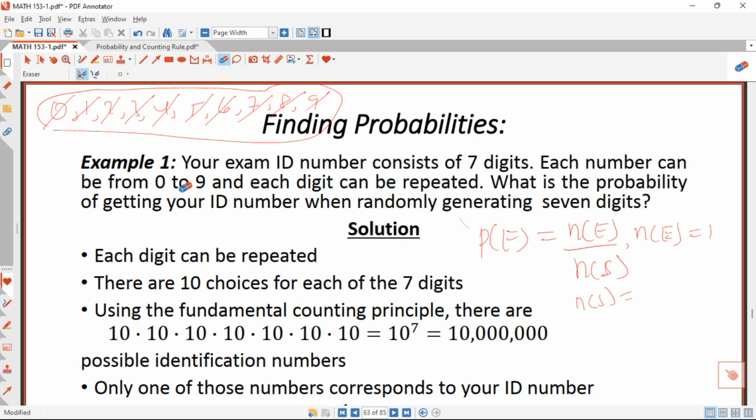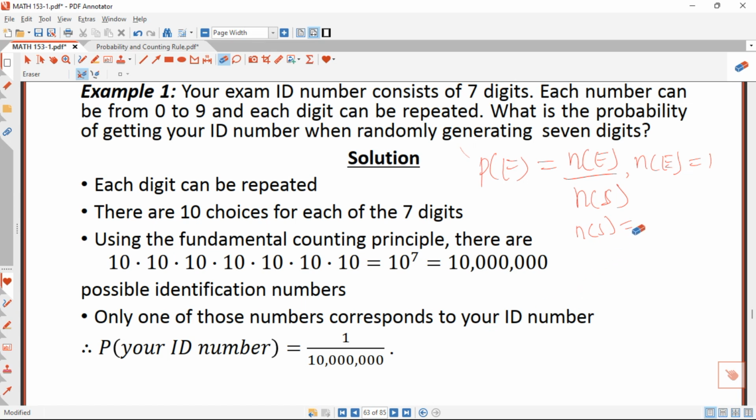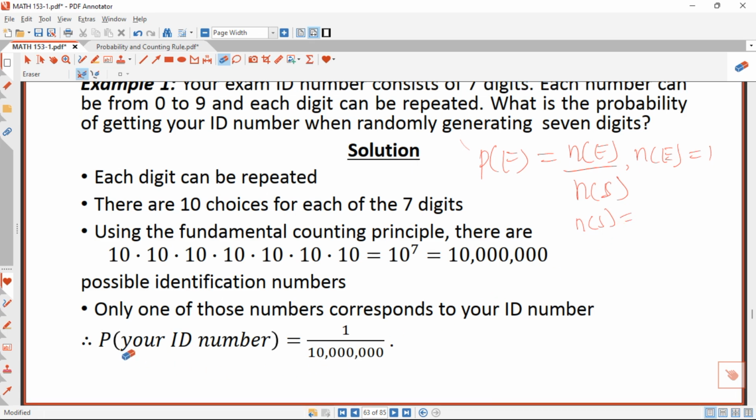So you are going to get 10 times 10 times 10 times 10 times 10 times 10 times 10, which is 10 raised to the power 7, and we are going to get 10 million to be our number of sample space. So since we have the number of events and the number of sample space, the probability of your ID number will be 1 divided by 10 million, right? Yes.